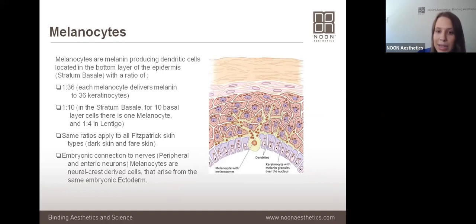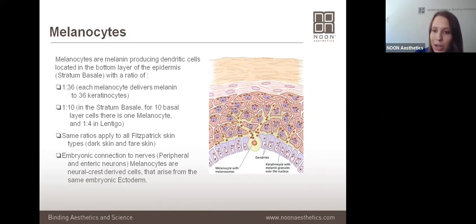So this is the epidermis in this picture, and we can really see the keratinocytes all over it. And the second type is the melanocytes, which are star-shaped cells found in the bottom.